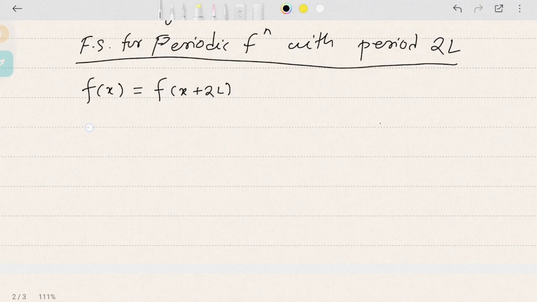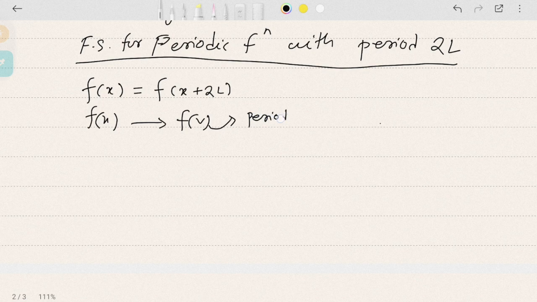Let's convert f of x to f of v, where this function should have period 2 pi, and we know the Fourier series for period 2 pi. So we can write the Fourier series for f of v, then we substitute back v to get in terms of x, then we can find the Fourier series for x.